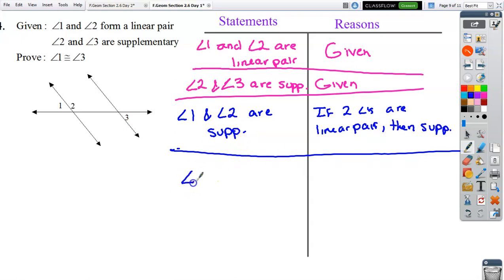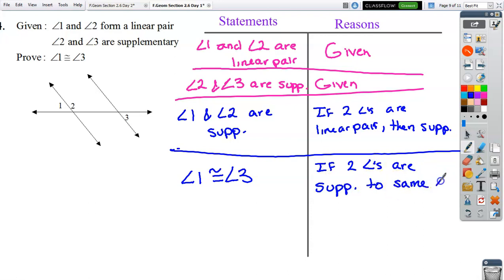So, angle 1 is congruent to angle 3, and the reason is if two angles are supplementary to the same angle, then they're congruent. I kind of put that in shorthand, so it'll be easier to write. But if you need to write out the whole thing, of course, then you should. If two angles are supplementary to the same angle, then they are congruent.